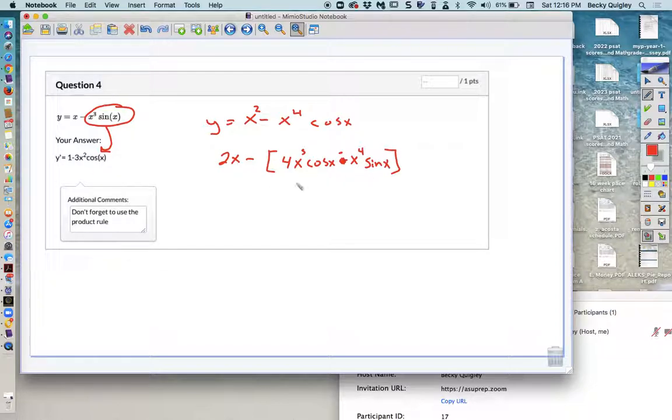So then if I distribute this negative, I have 2x minus 4x cubed cosine x, negative times a negative, plus x to the 4th sine x. And that's all there is to it. I know, I'd say that that's all there is to it. That's a lot for one problem.